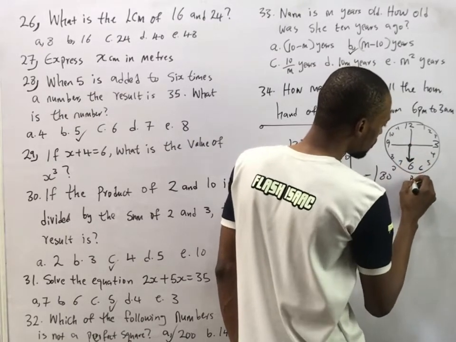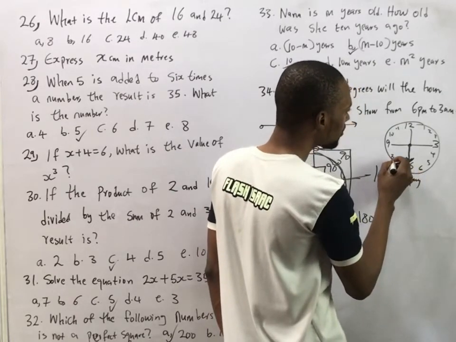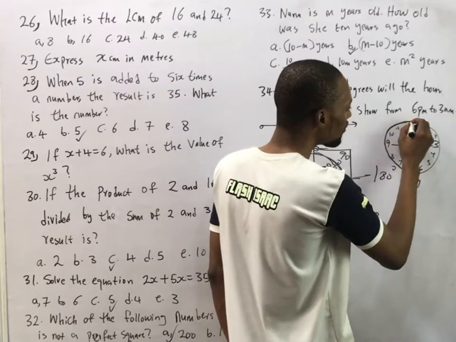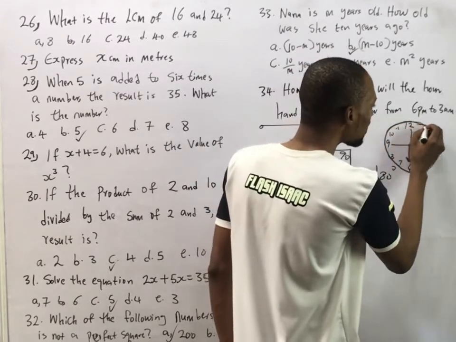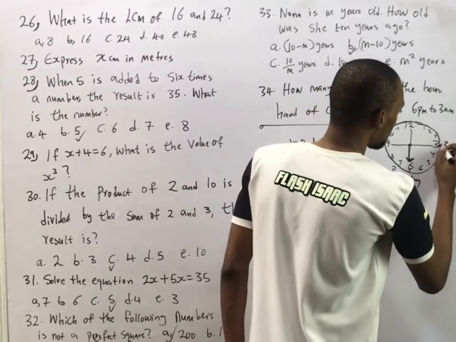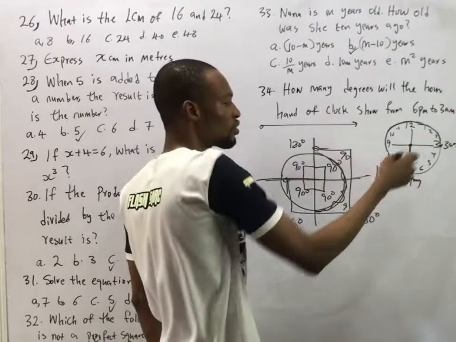our hand is here at 6 p.m. It moves from here to 7 p.m., to 8 p.m., to 9 p.m., to 12 a.m., to 1 a.m., 2 a.m. So it comes here, 3 a.m., because the clock moves this way.